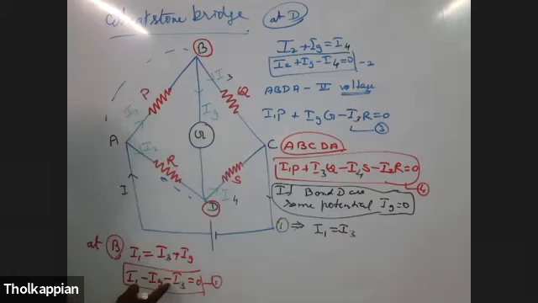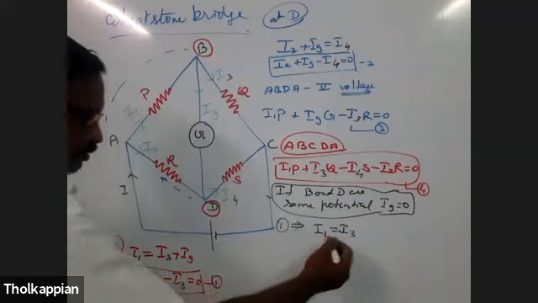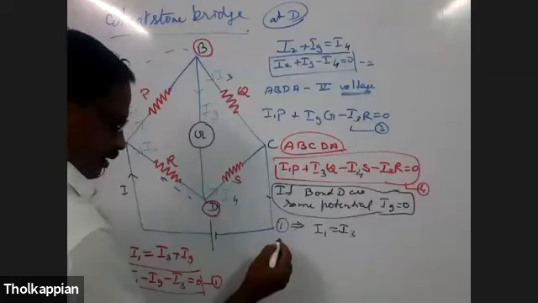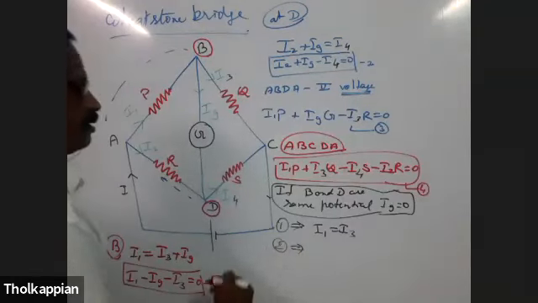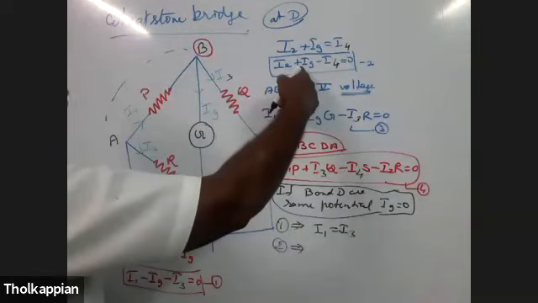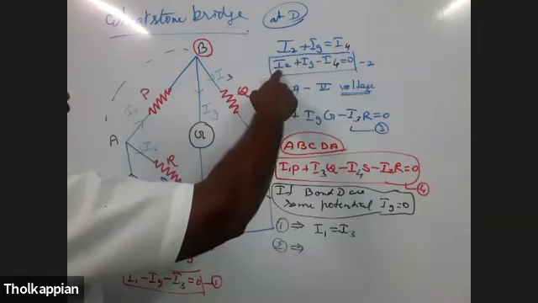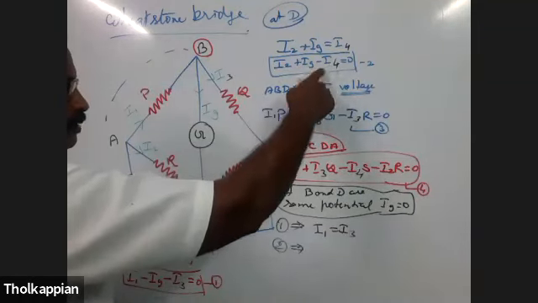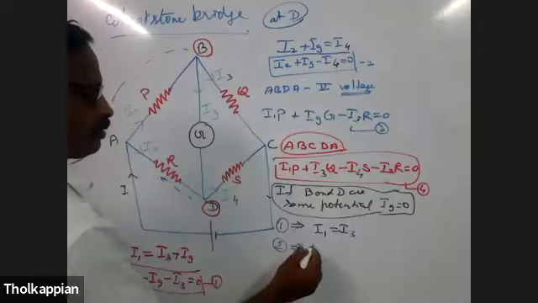If you are applying here Ig is equal to 0, take the I3 that side, it became positive. So I1 is equal to I3. And similarly, equation 2 can be written as: Ig is equal to 0 means I2 is equal to I4. It goes that side, I2 is equal to I4.